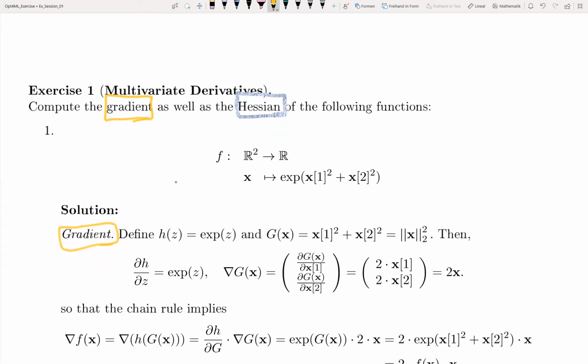And what we have here is exactly, or at least we can express it in this way.